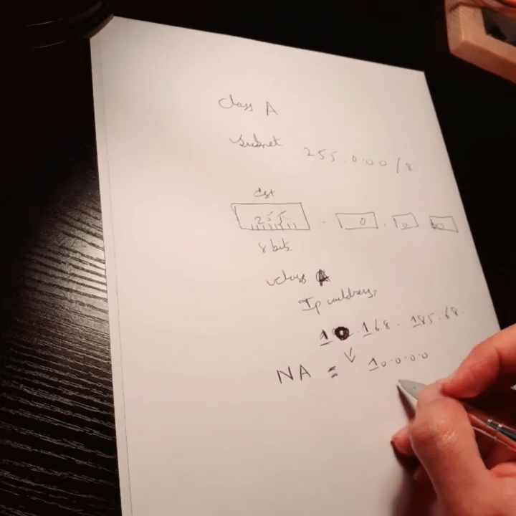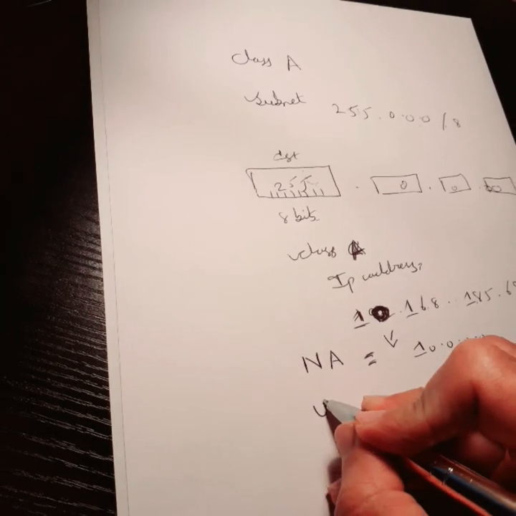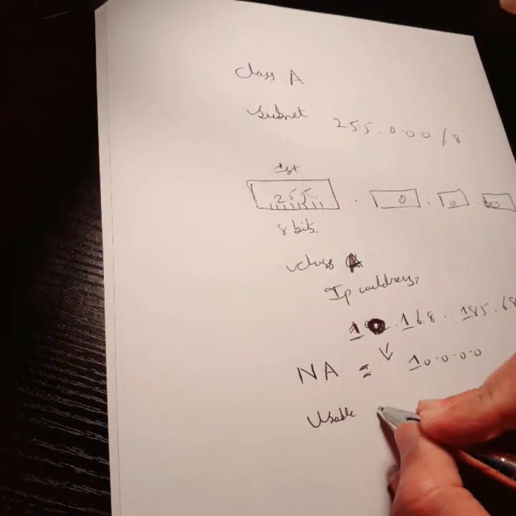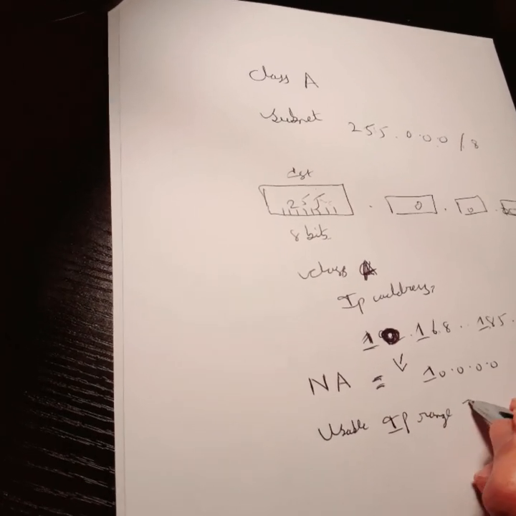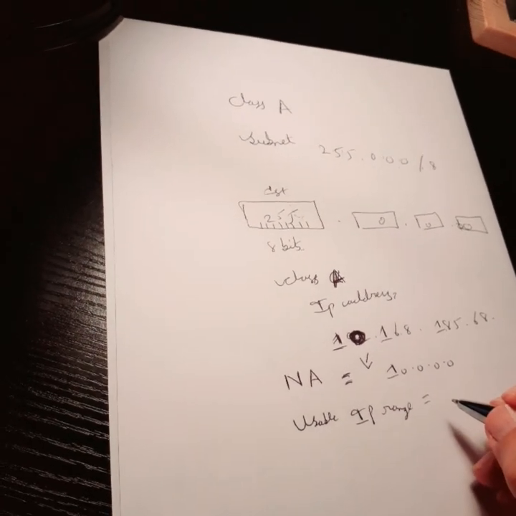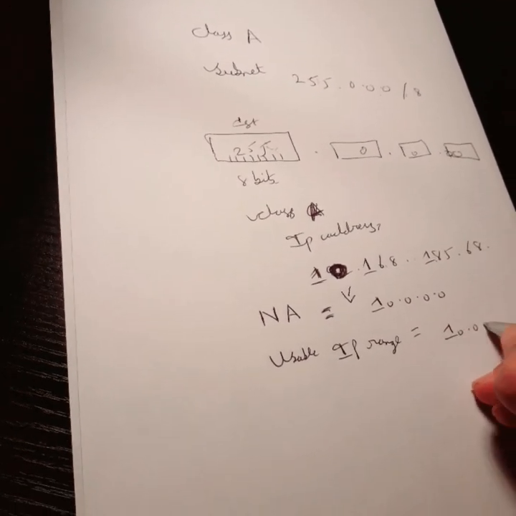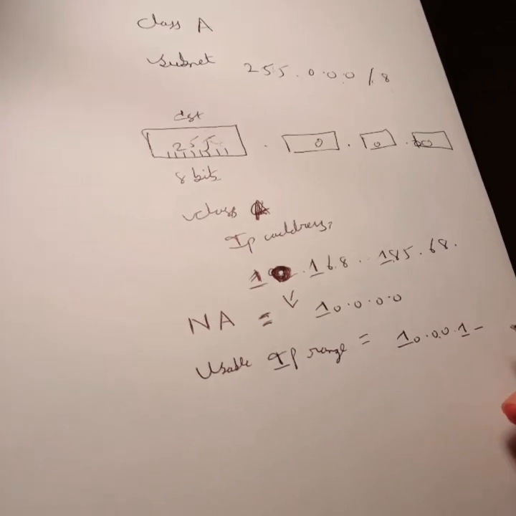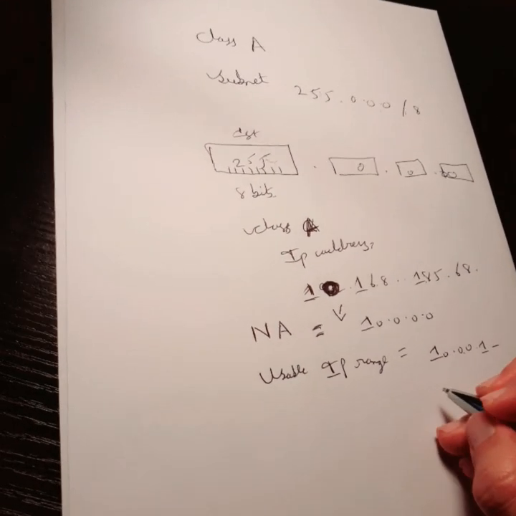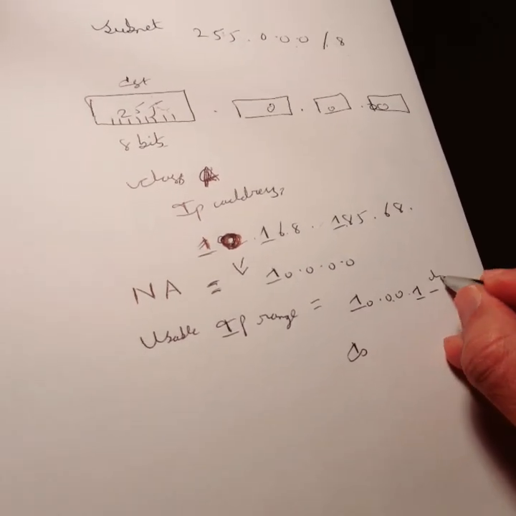Now the network engineer needs to know the usable IP range that he or she can use. So accordingly, supposedly the usable range will be 10.0.0.1 to 10.255.255.254. So that dash is a 2, remember.